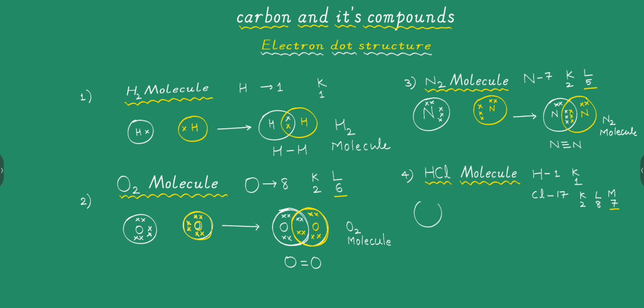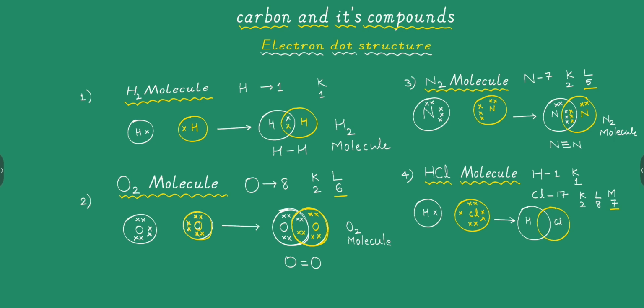Hydrogen will have only one electron and it will be ready to share this one electron, and chlorine will have 7 electrons in its outermost shell. It will be ready to share one electron. Now these two together, hydrogen and chlorine. This is hydrogen, this is chlorine.